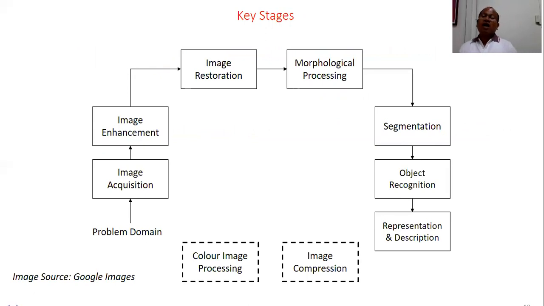Now the next part of this lecture will be the key components, important components of image processing. If you look at this diagram, all important components are shown here. The first component is image acquisition, then image enhancement, image restoration, morphological processing, segmentation, object recognition, representation and description, image compression, and color image processing. Although each is a single component, it does not mean it's a small topic.